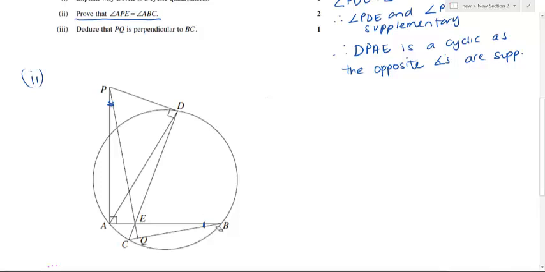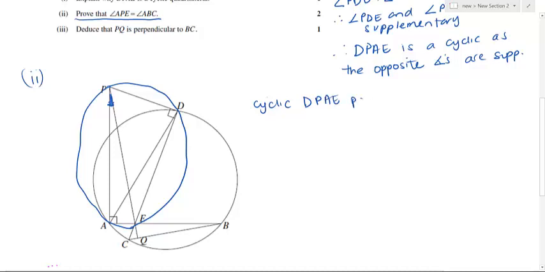But if we focus on one angle at a time, we can come up with our solutions. Let's look at angle APE. This angle is part of the cyclic quad.